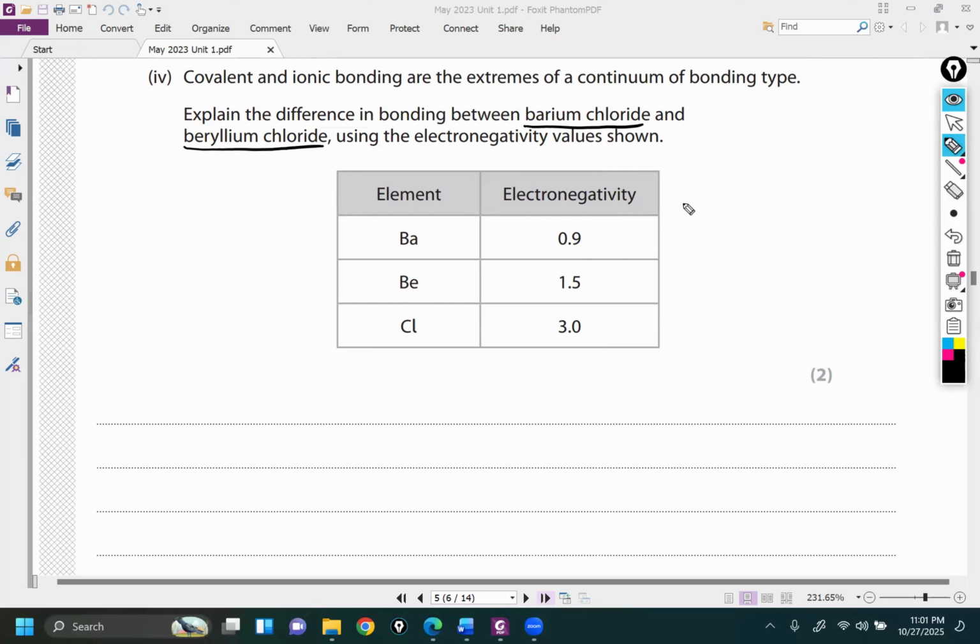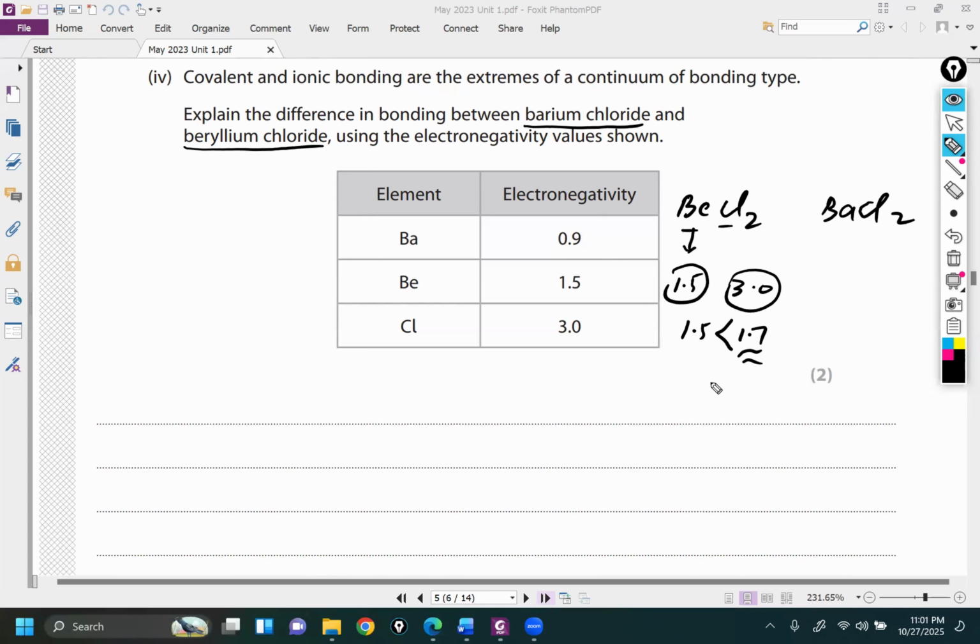If the electronegativity difference between the two bonded atoms is, here the difference is 3 minus 1.5, so 1.5. It is less than 1.7. In some books, it is given 1.7, in some books 2.1, but 1.7 is the most agreed value.